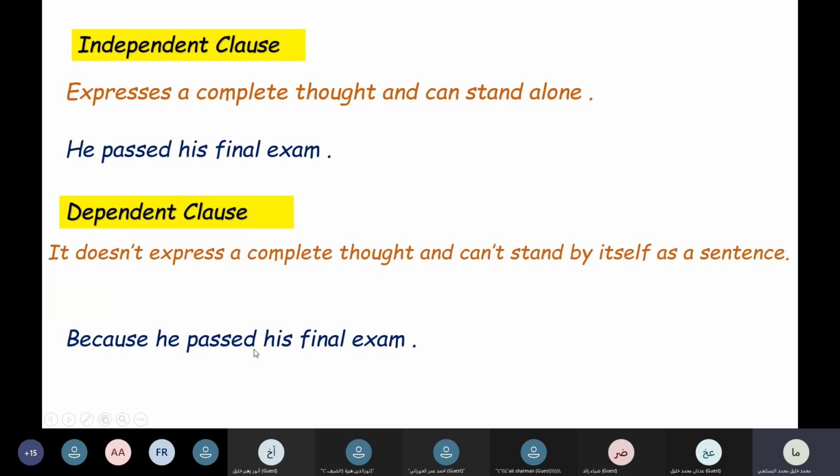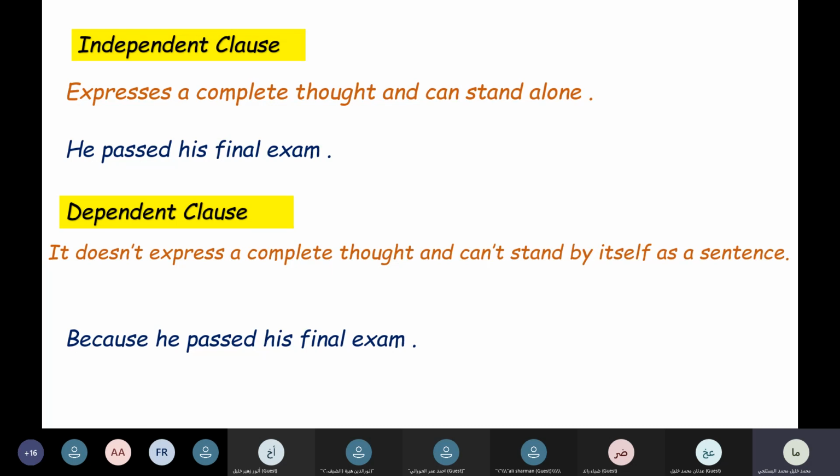We cannot say that this sentence has a complete meaning. Because he passed his final exam, so you realize here the meaning is incomplete. It needs more words to be completed. We call this kind of sentence a dependent clause.